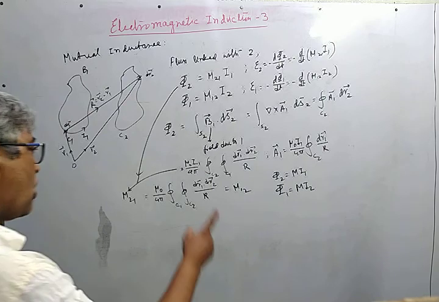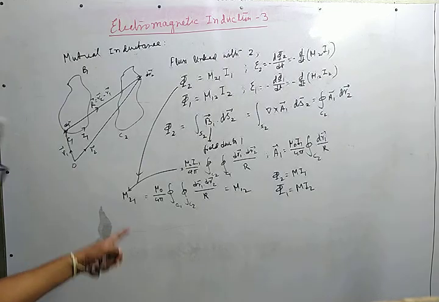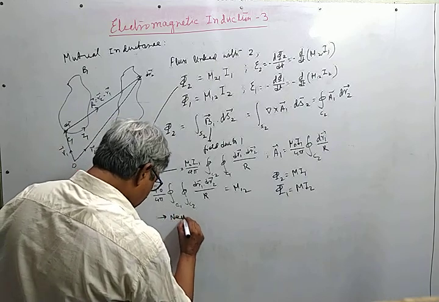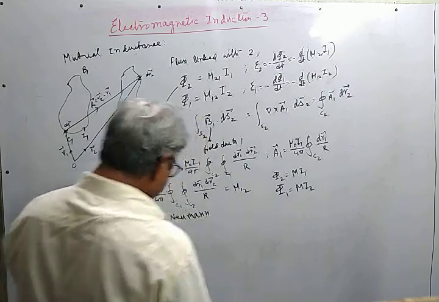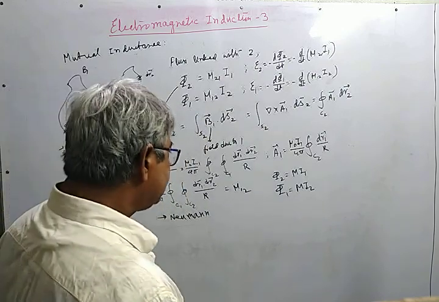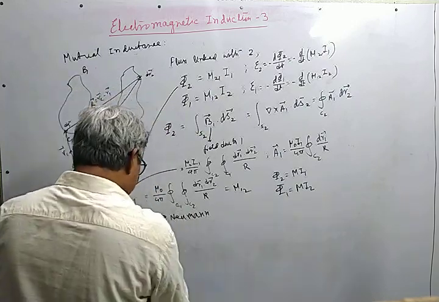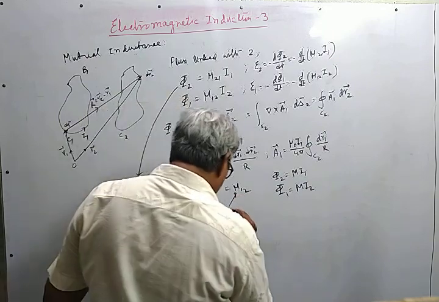That's why M is called the coefficient of mutual inductance, or simply the mutual inductance. This formula is known as the Neumann formula, after the German physicist Neumann. And the fact that M12 and M21 are the same is known as the reciprocity theorem.